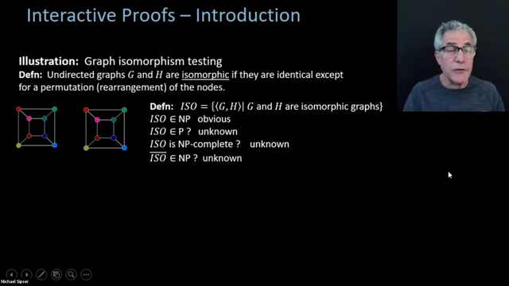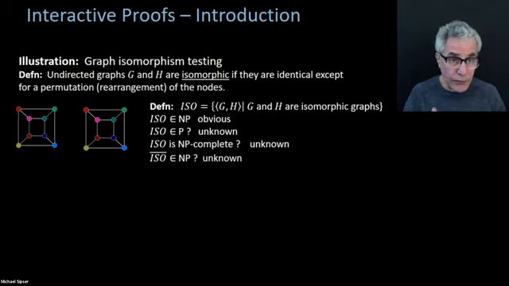In other words, if I give you two graphs and ask you to show that they're not isomorphic, suppose they aren't, and you go through the effort of determining that by a brute force search, and now you want to prove that they're not isomorphic. Well, it's not known to be in NP either. So there's no known short certificate of two graphs not being isomorphic. We don't know how to do that either.